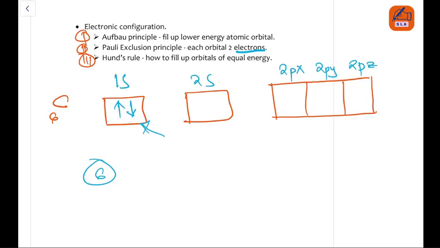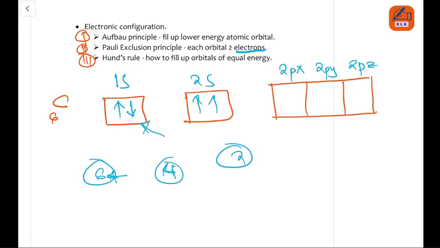So we directed them oppositely. If we have put 2 electrons here, it means we remain with 4 from these 6 electrons. So we take 2 electrons and fill up the 2s orbital. Now we remain with 2 electrons.